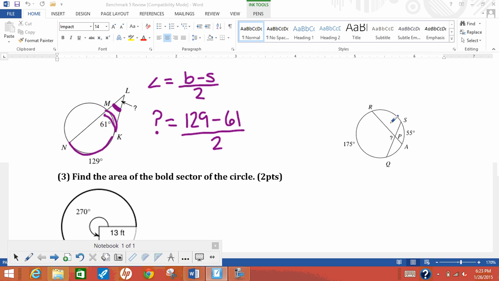When I have two segments that meet inside, the angle is equal to arc 1 plus arc 2 over 2. So a plus sign. Common mistake is still subtracting.